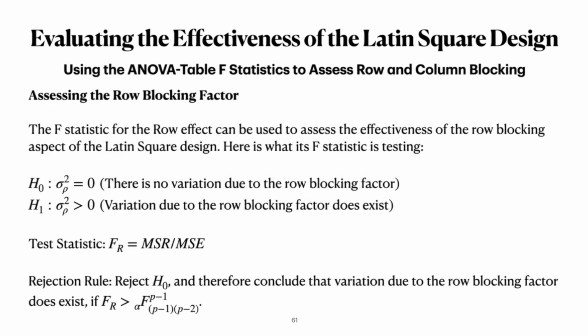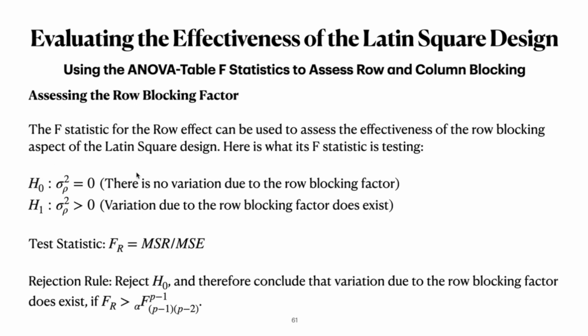So let's look at assessing the row blocking factor. The F statistic for the row effect can be used to assess the effectiveness of the row blocking aspect of the Latin square design. Here is what its F statistic is testing. The null hypothesis is that sigma squared sub rho, the variance of the row blocking factor, is equal to 0.